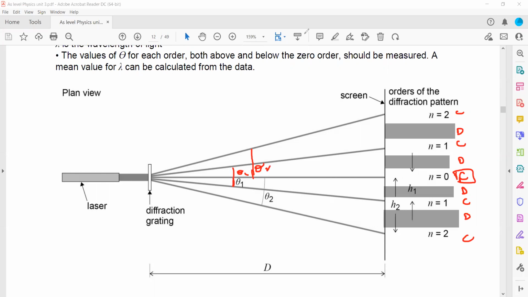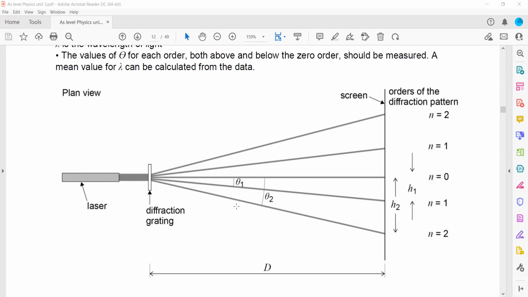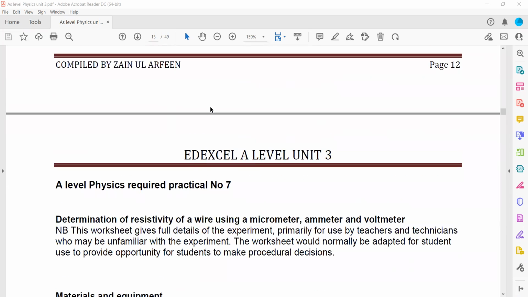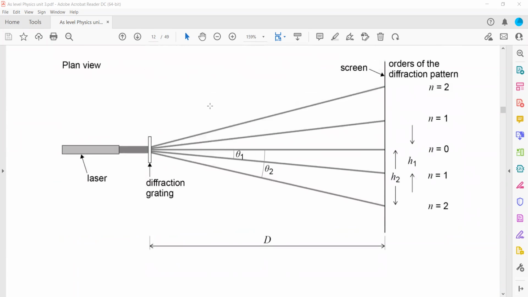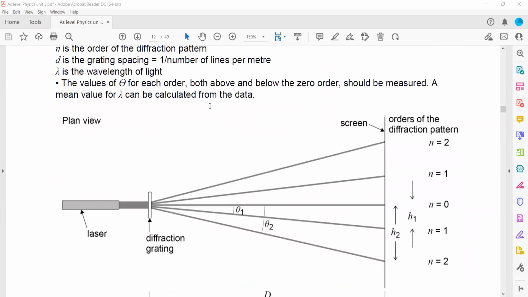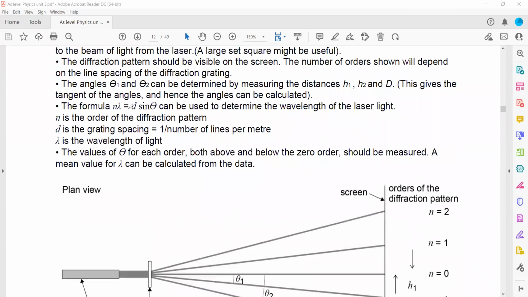So what is the formula we will use? The formula is d sin theta equals n lambda. Here you can see this is the formula: n lambda equals d sin theta.